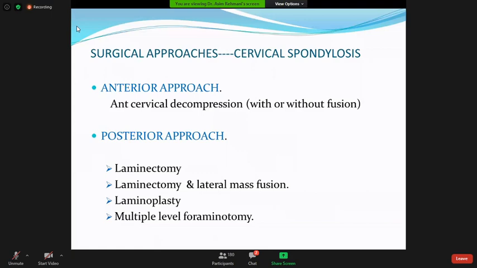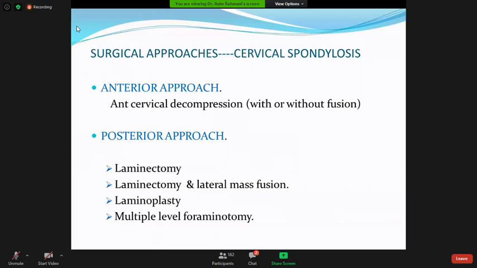In some individuals, laminoplasty is the procedure of choice, and in some, we have to have multiple level foraminotomies only.